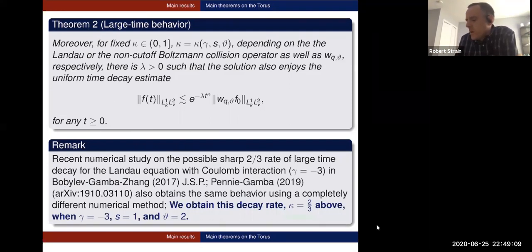Although it's a little bit hard to have examples, you can have examples of model problems with a similar behavior that do have this decay rate of 2/3. They expand in special functions and they have this big system of ODEs, and it seems reasonable to me, and I expect that their simulations are accurate. So I think that we obtain the sharp decay rates.